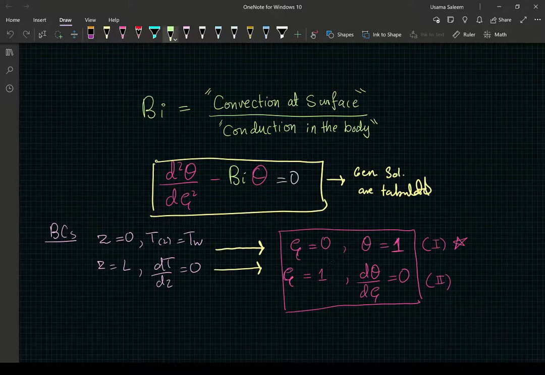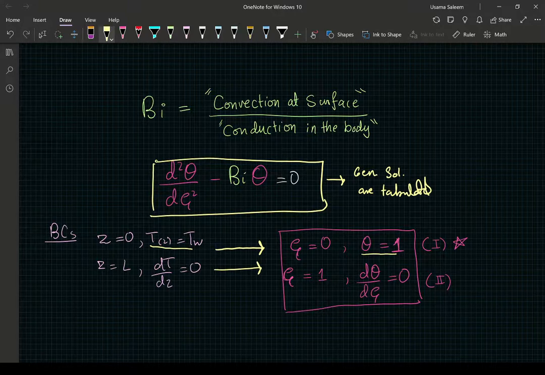At squiggle equals 0, theta is gonna be equal to 1, and at squiggle equals 1, the derivative of theta is equal to 0. Just to point out, I made a mistake in part 2. I wrote theta equal to 0 where it's supposed to be 1. We're making the boundary conditions dimensionless along with our differential equation.